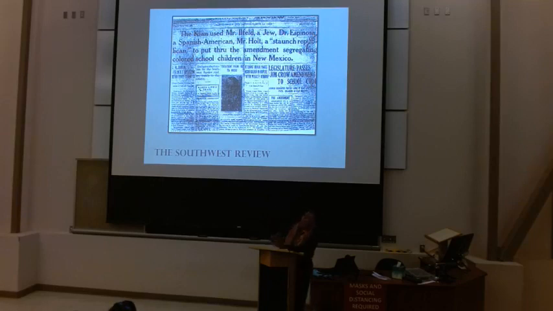And so in 1925, all of a sudden, New Mexico was instituting Jim Crow laws. And so this newspaper was one of the African American newspapers that published an article against doing that.